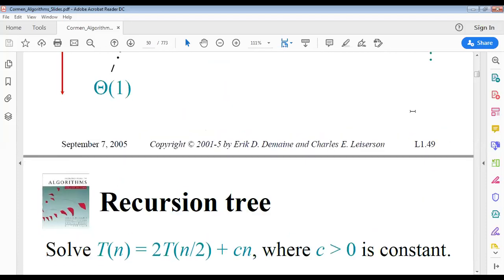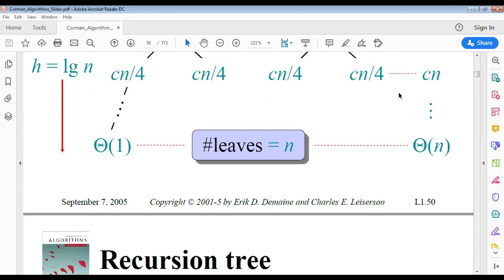At the last level there will be n leaves, each theta 1, so it will be theta n.